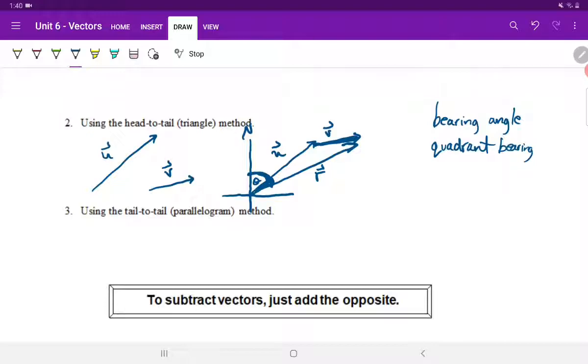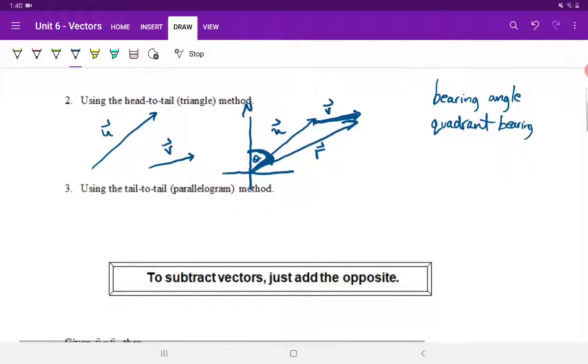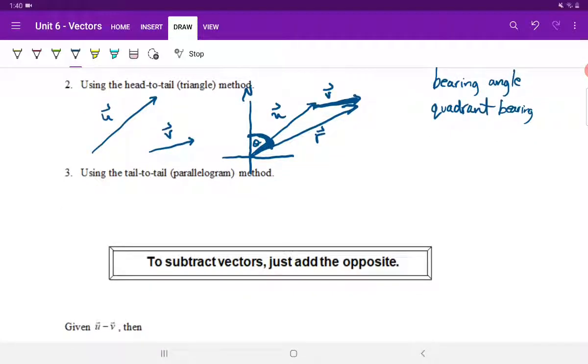Now, there was also another method, called the tail-to-tail method, which involved creating essentially a parallelogram. So again, if you have these same vectors, U and V, it was drawing them tail to tail and creating a parallelogram.